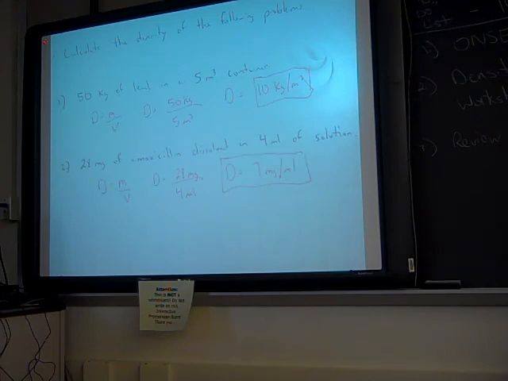So 28 divided by 4 will give you the answer. 28 divided by 4 is 7. These first few you really didn't need a calculator for. And then the unit's going to be milligrams per milliliter. You take what's on the side and you lay it down. Mass always comes first.